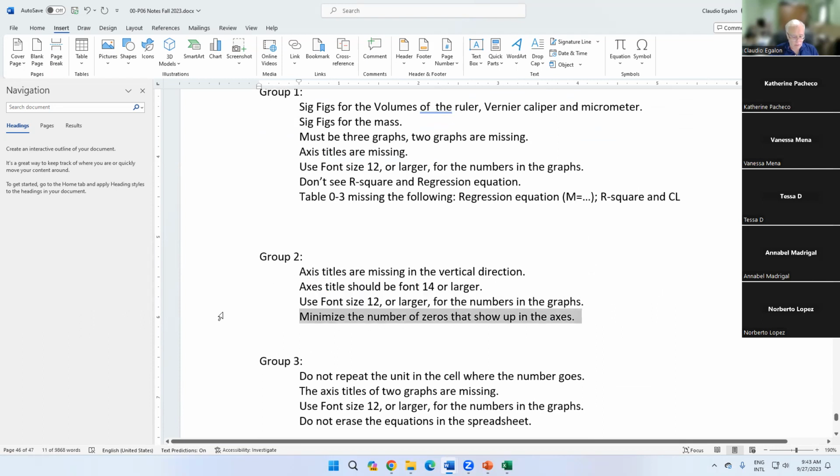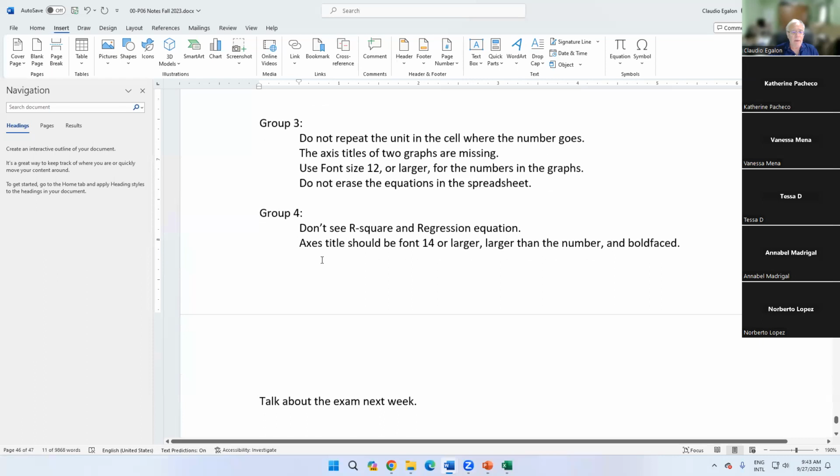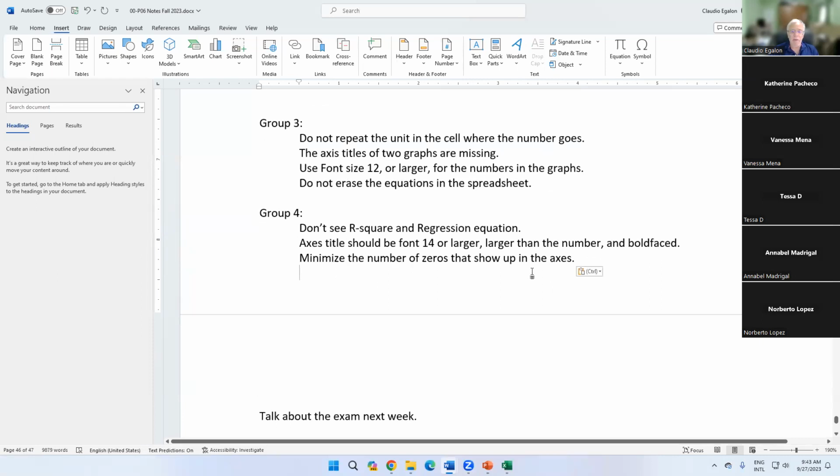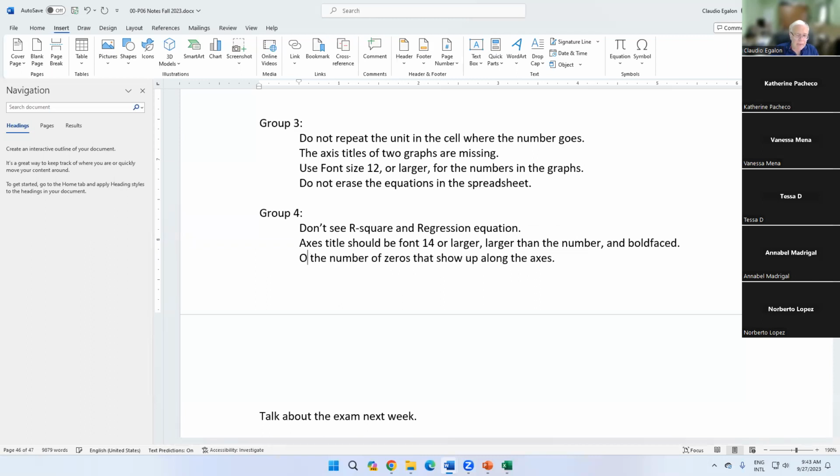Minimize the number of zeros that show up along the axis, right? When I say minimize, it should be optimized, would be right. Yeah, should be minimized.